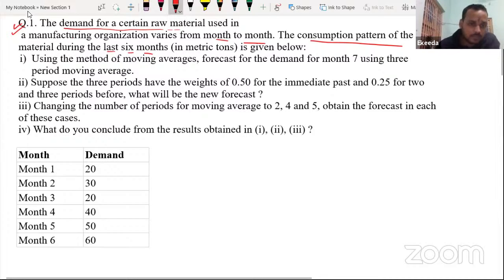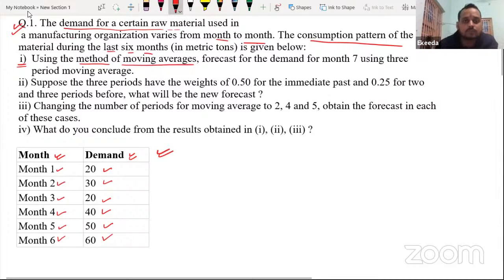You can see there is a table which gives the month and its demand data, for months 1 to 6. It is basically the consumption pattern of a material.